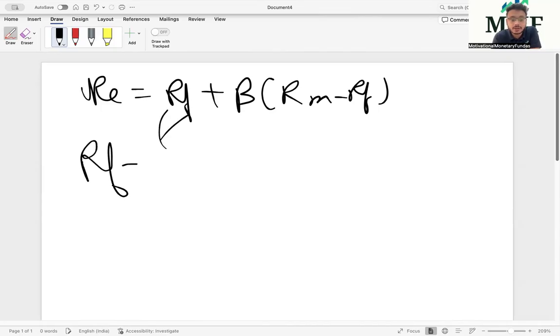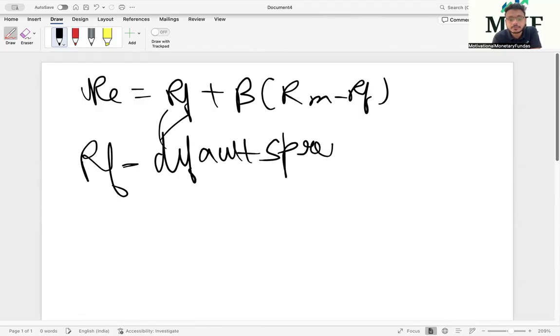So from this RF, you have to subtract something which is called as default spread. As the name suggests, default spread. It is the probability of default, or it is the percentage by which we believe that fixed income security or the government security can default.